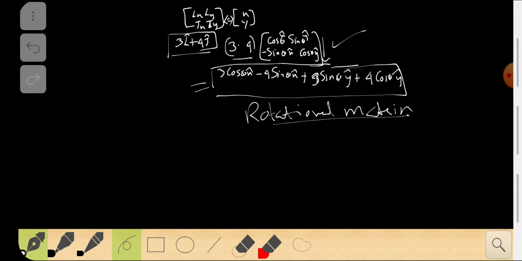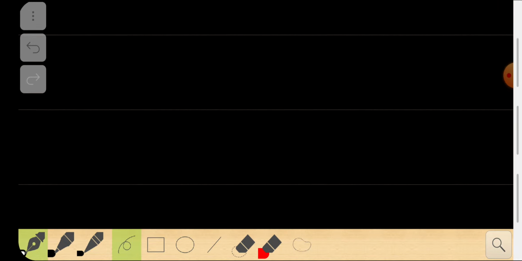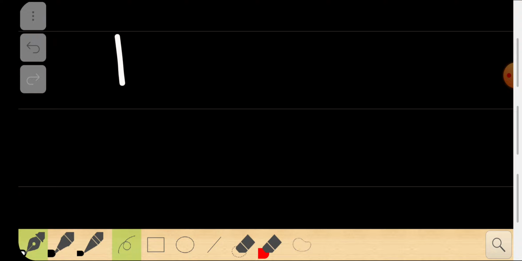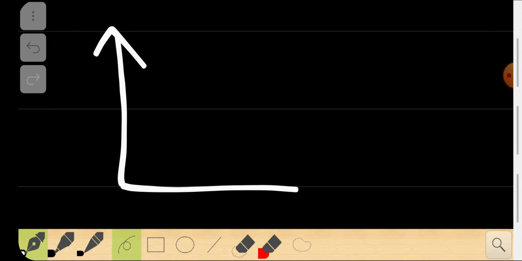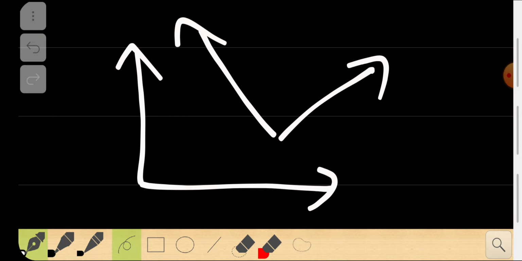Now let me tell it in a different way, so that you have a deeper understanding. So if you have a coordinate system like that and you have a transformed coordinate system like this, this coordinate system is called xy, and the new coordinate system is called j and l.